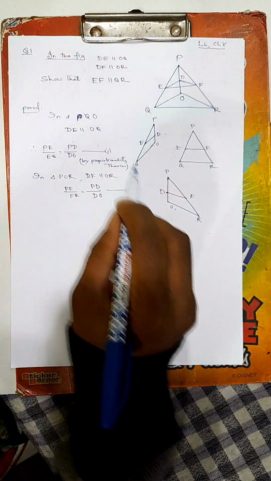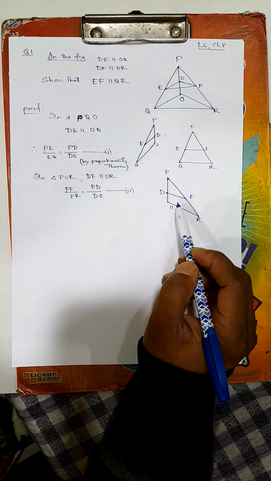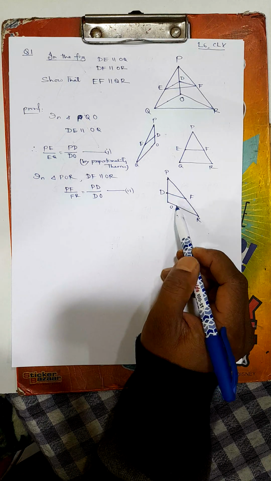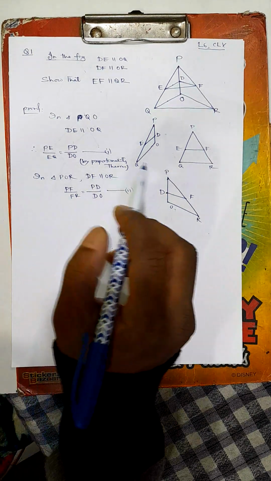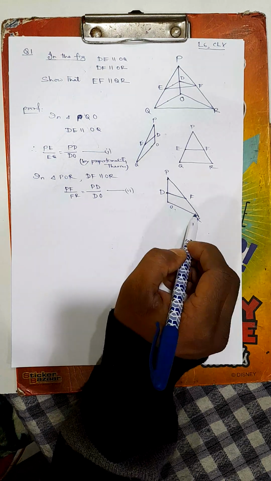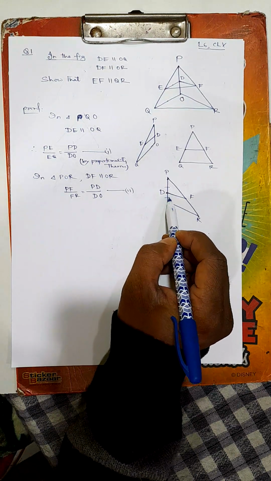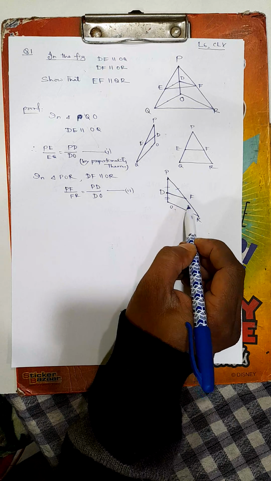What is proportionality theorem? A line which is parallel to one side of a triangle divides the other two sides in the same ratio. So DF is parallel to OR, that means this divided by this equals this divided by this.